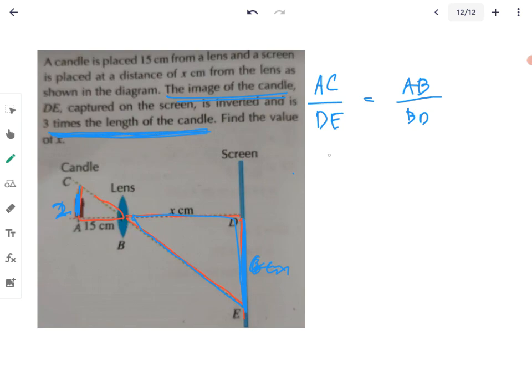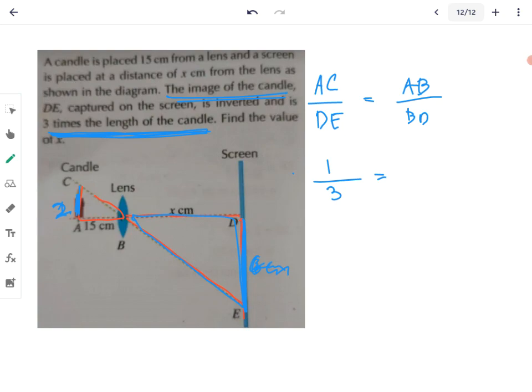So meaning we can let AC be 1 unit, and 3 times 1 is 3, so 1/3. So the ratio of AC to DE, the ratio of the length of the candle to the length of its image, is 1/3.